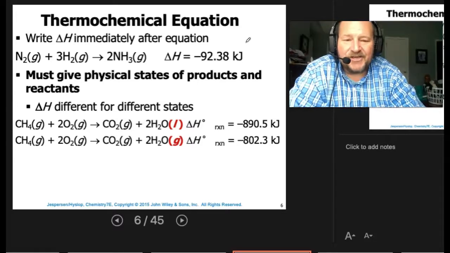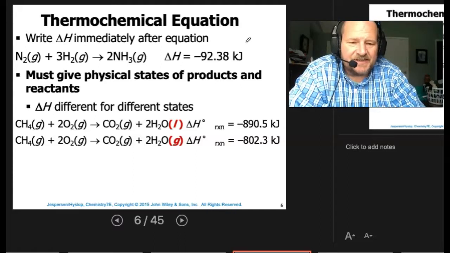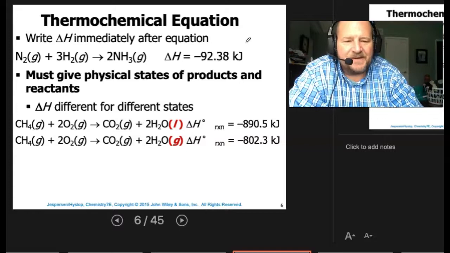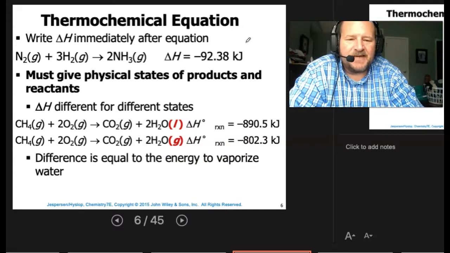If we produce gaseous water, then it's only going to be 802.3 kilojoules. And that's because it's going to take us 88 kilojoules to vaporize the water. Okay, so some of that heat goes into the state change from liquid to gas.